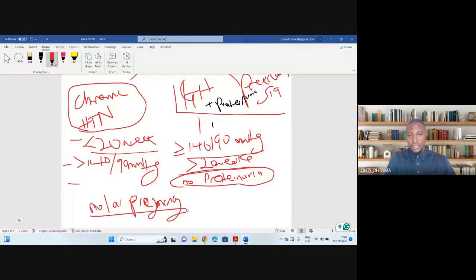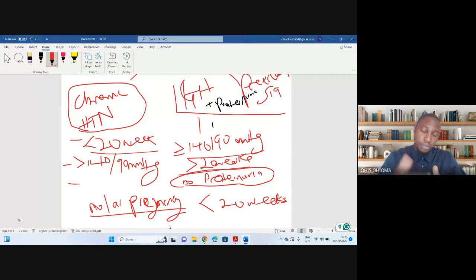Molar pregnancy is one of the causes of hypertension in a patient that was never proteinuric or hypertensive, and the patient presents in less than 20 weeks. So what am I saying here? I am saying that a patient came to you with hypertension, less than 20 weeks.